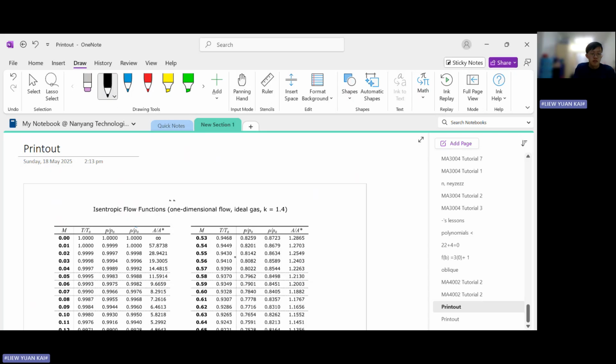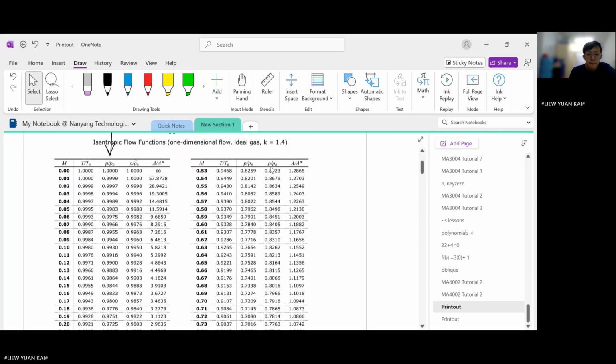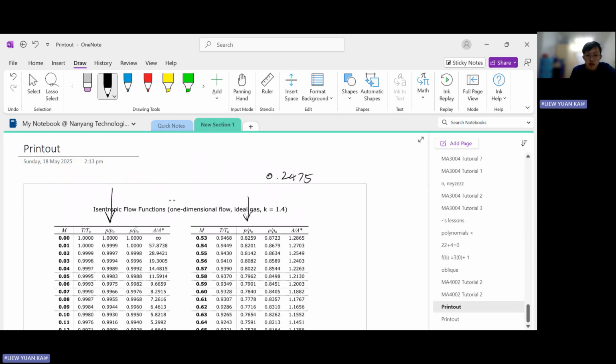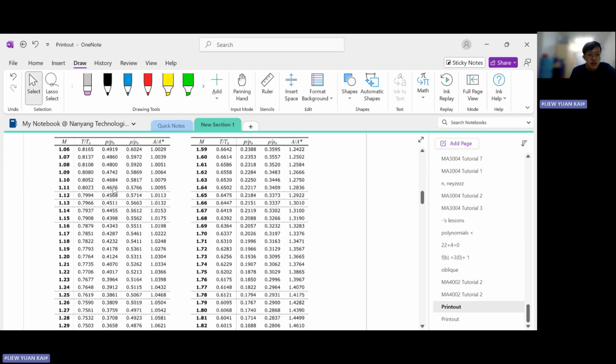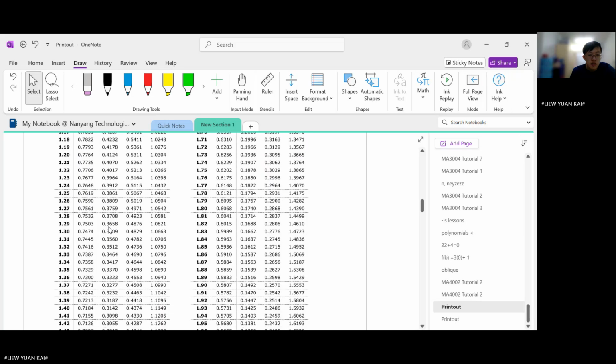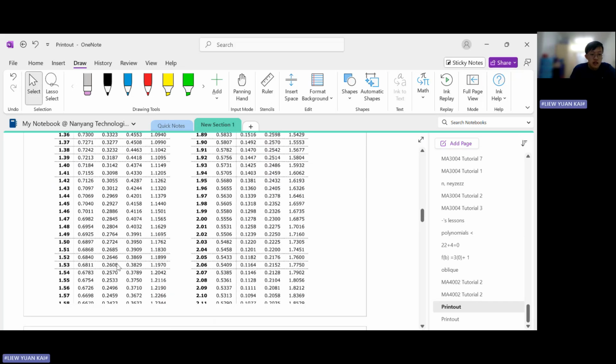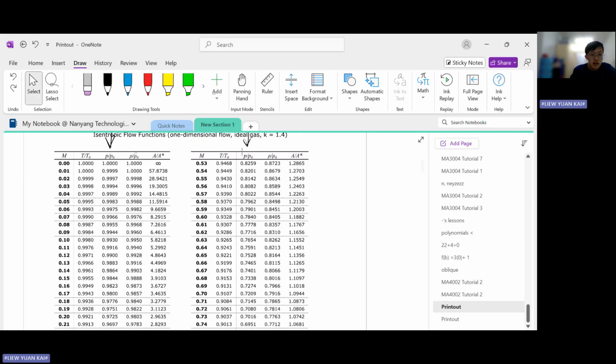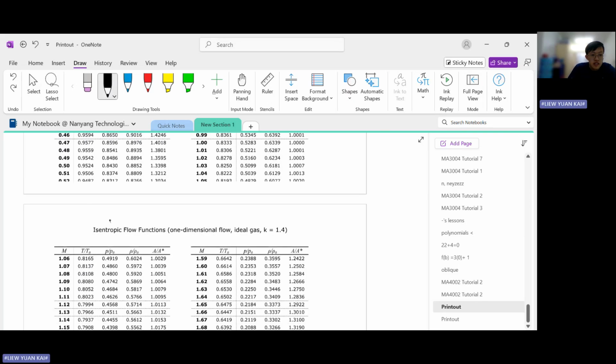So let's go take a look at the isentropic flow table. Here is the pressure column, so we only focus on this column. Now we need to find when the entry in this column is equal to 0.2475. Let's go ahead and find that value. Still not here. It's going to exist somewhere in this column.